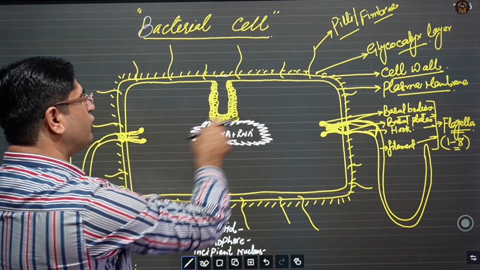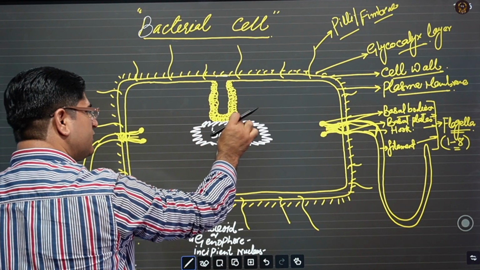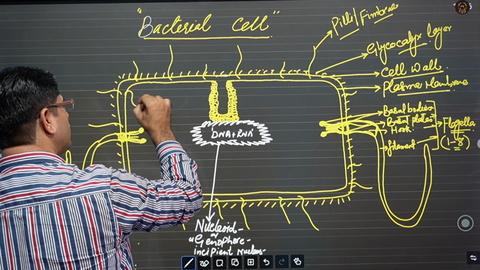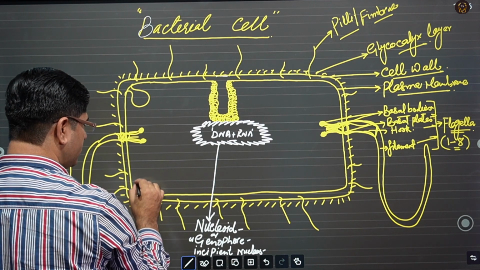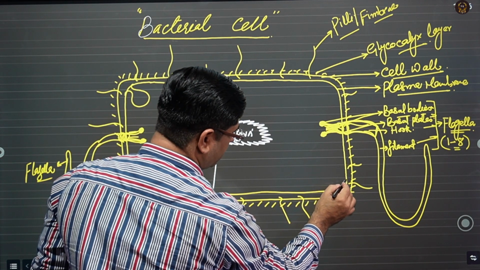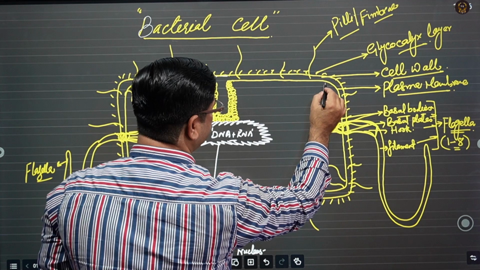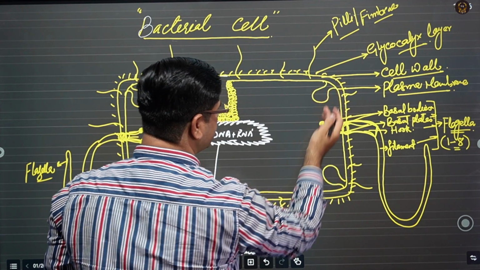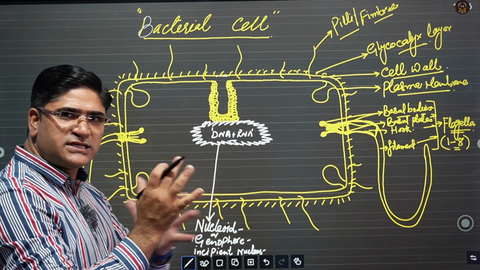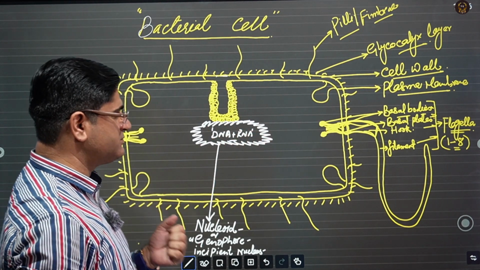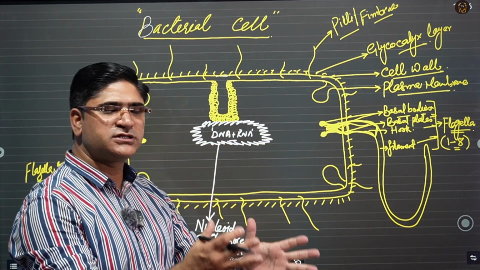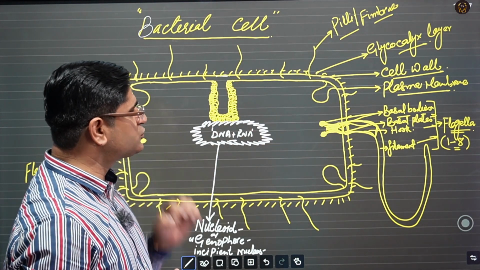The enfolding occurs at the center location, and enfoldings occur at the peripheral locations also, like this. At peripheral locations, it also goes enfolded inside. The structures formed by this plasma membrane enfolding are known as mesosomes.